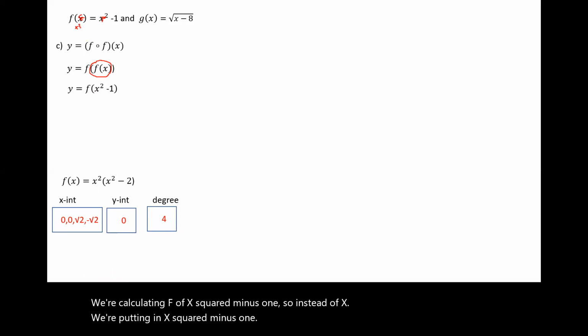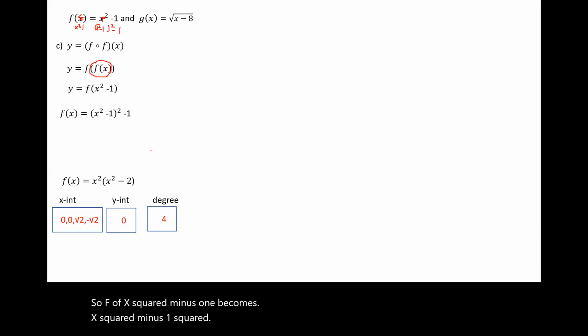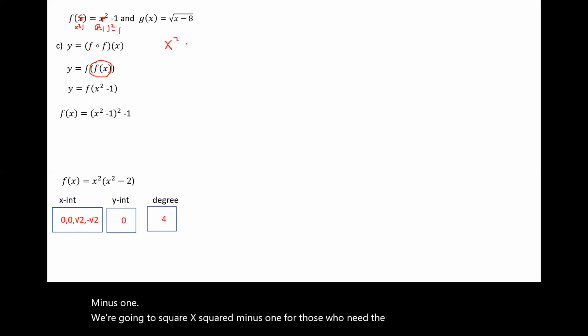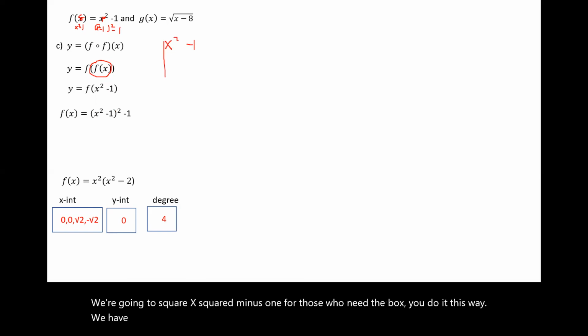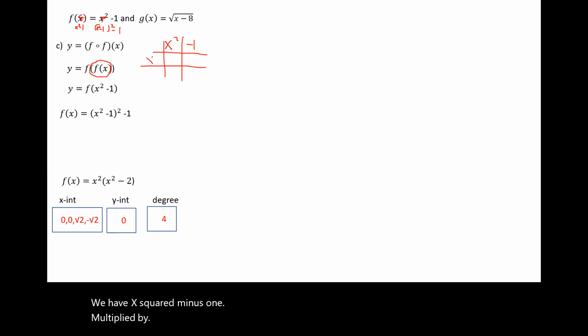So f of x squared minus 1 becomes x squared minus 1 squared minus 1. Whew. Okay, we're going to square x squared minus 1. For those who need the box, you do it this way. We'd have x squared minus 1 multiplied by x squared minus 1.